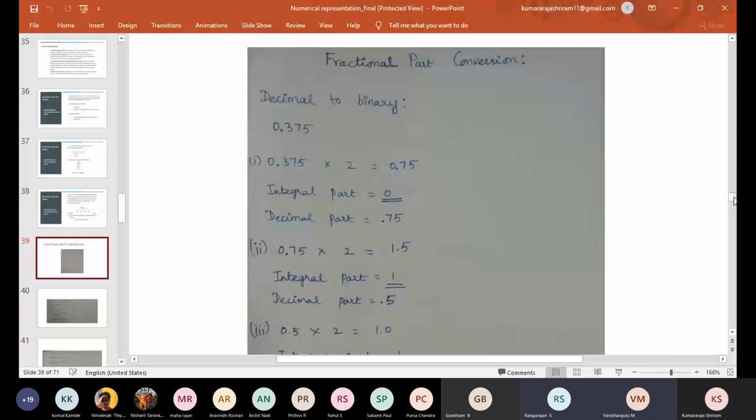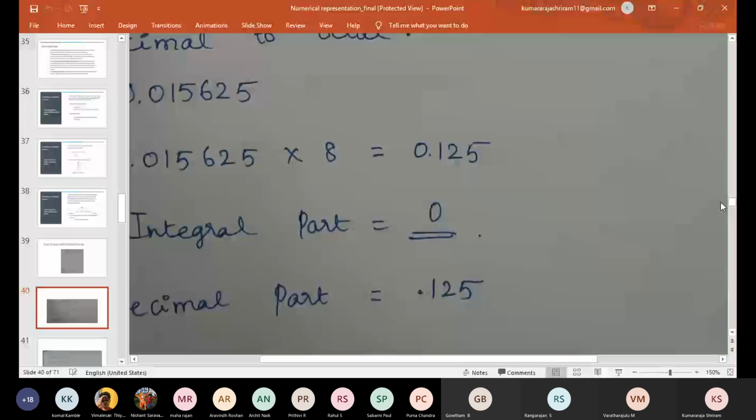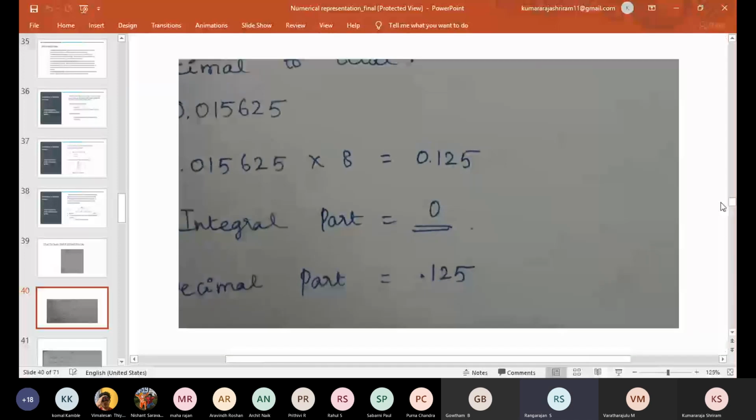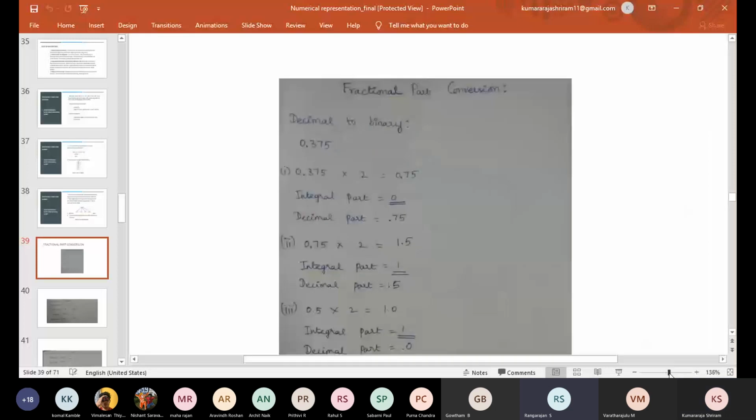Then the third step: 0.5 times 2 is equal to 1.0. The integral part is 1 and the decimal part is 0. Actually, when we move from one step to another, we have to discard the integral part. We take the remaining fractional number and use it as the number for conversion in the next step.